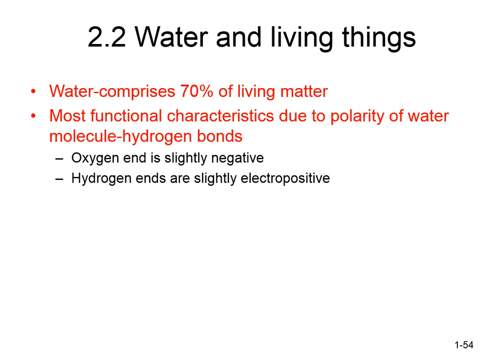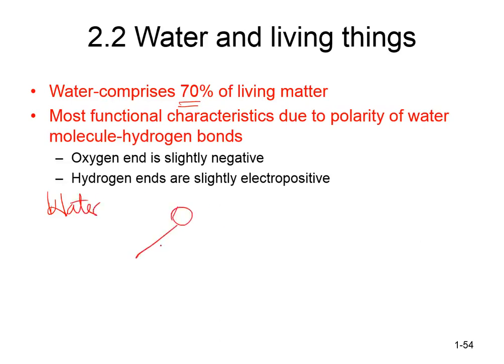Now let's talk about water. So water comprises 70% of living matter. So this percentage is important. Take note of it. And water is polar, as we saw earlier, because it has partial positive.